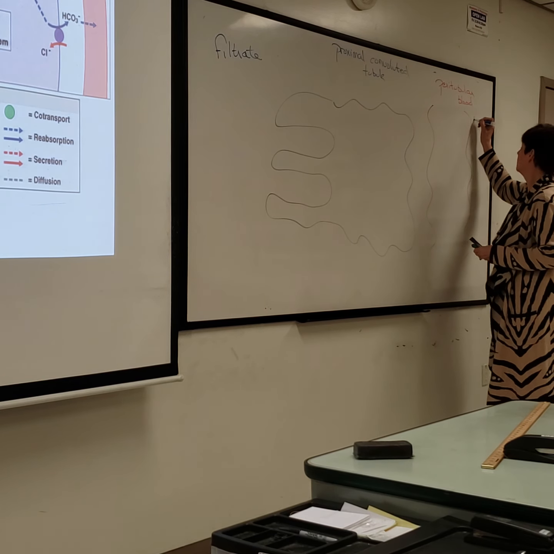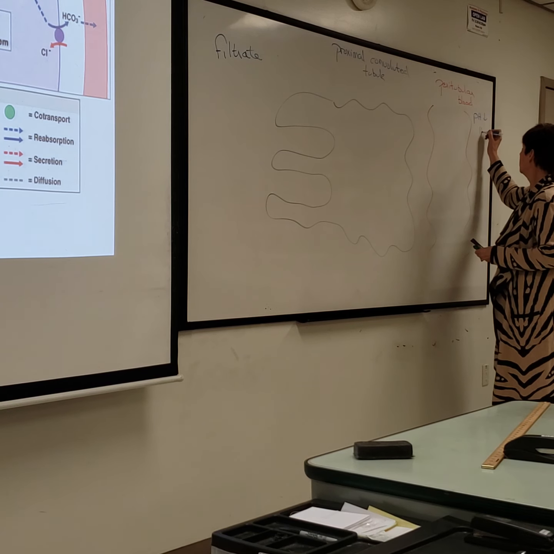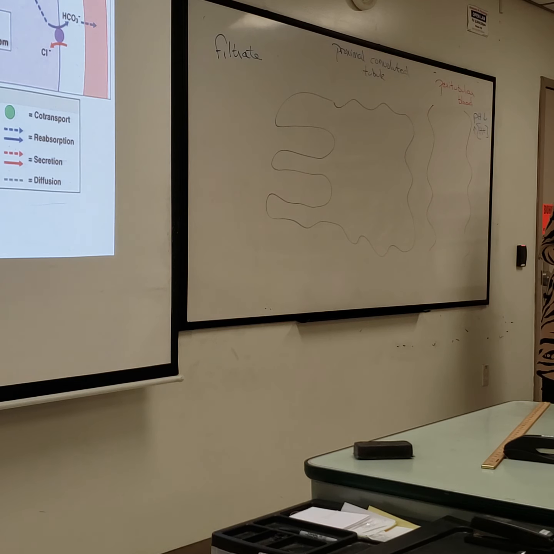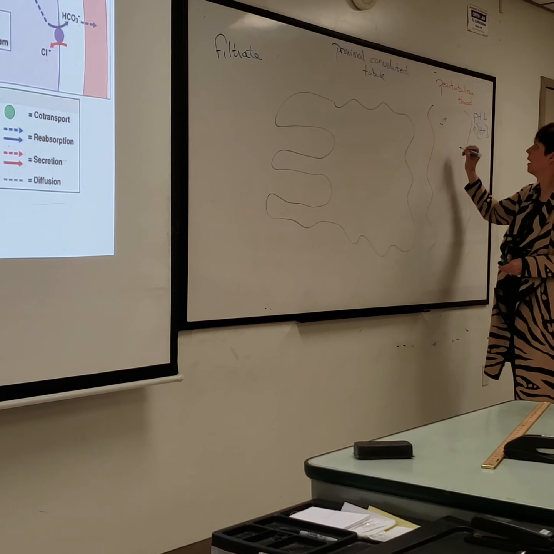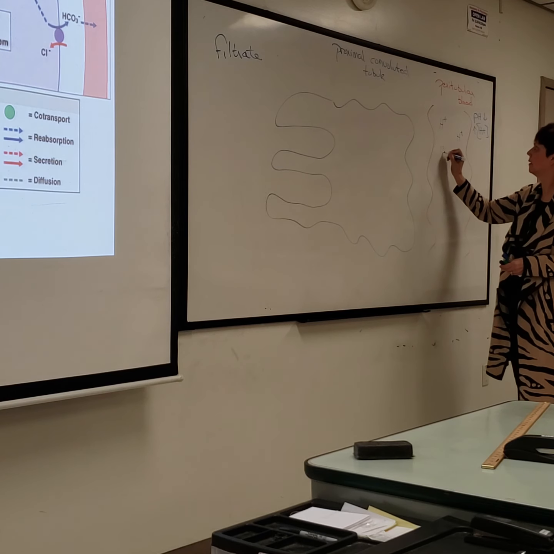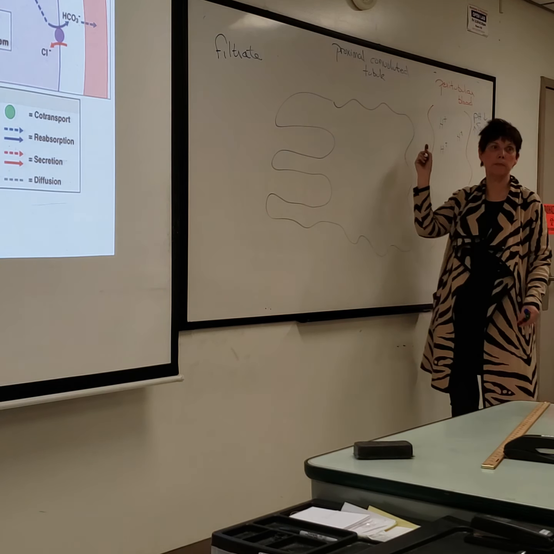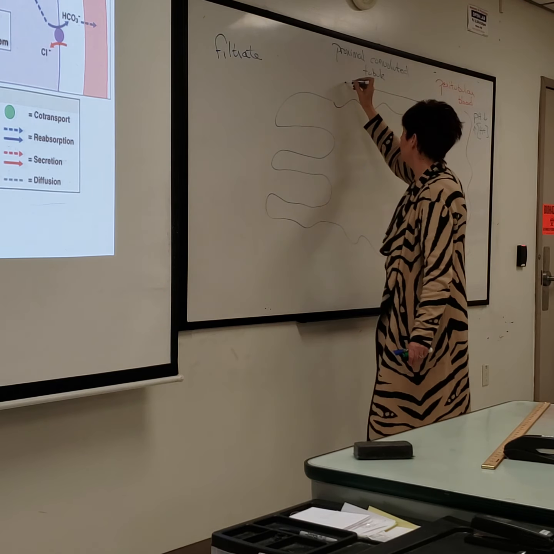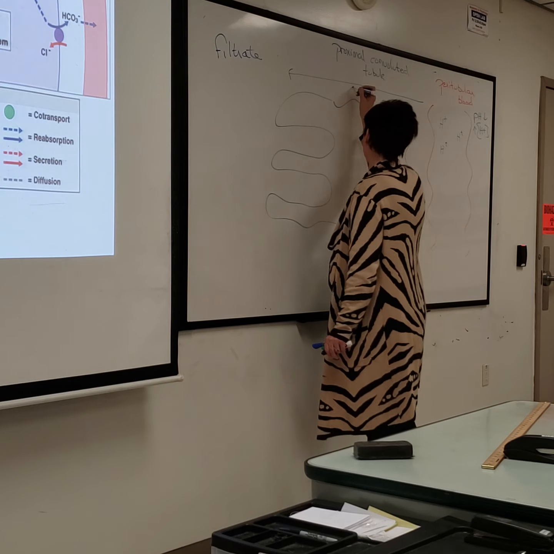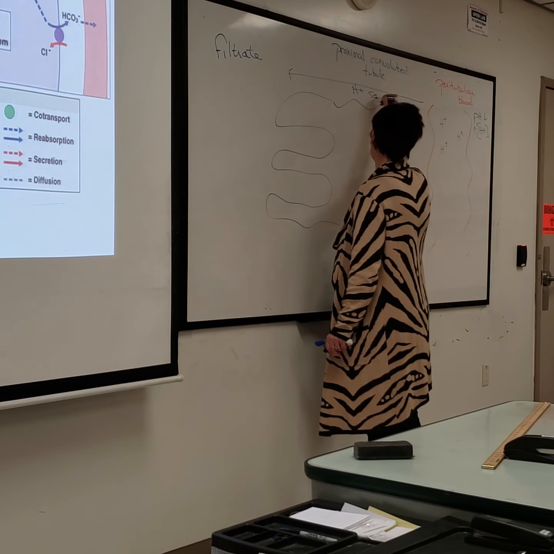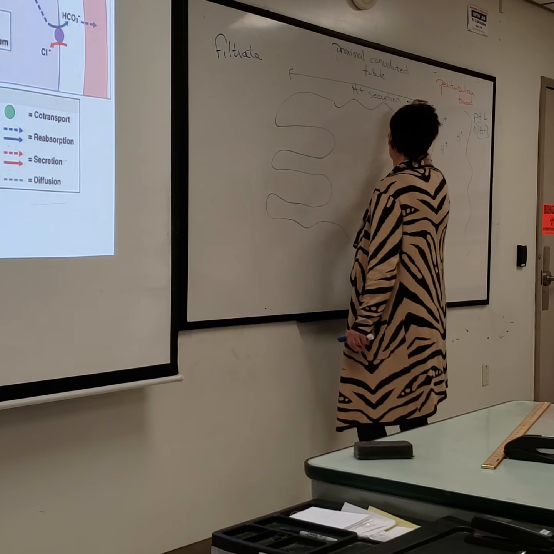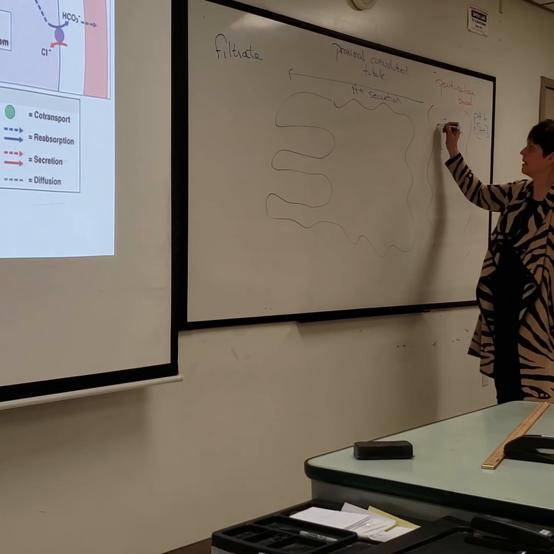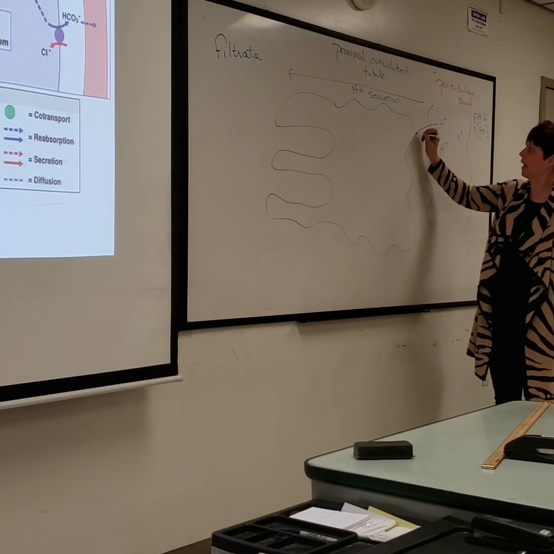Our pH is low. Hydrogen ion concentration is high. So we want to end up by moving the hydrogen into our filtrate, all right? We want to go from peritubular blood to filtrate, and we call that secretion. Should be simple enough. So we take our hydrogen ion and we send it towards the filtrate.